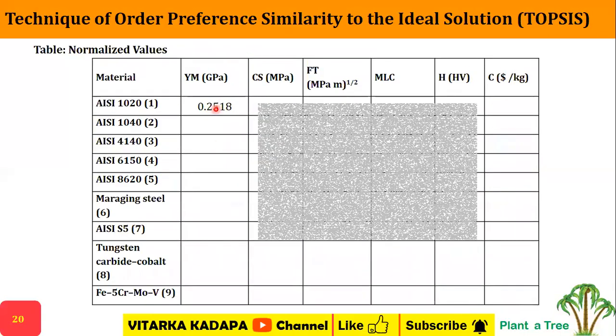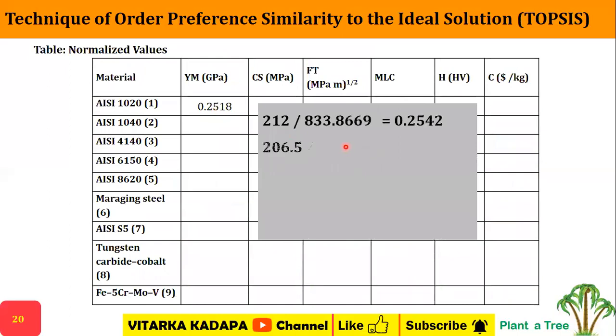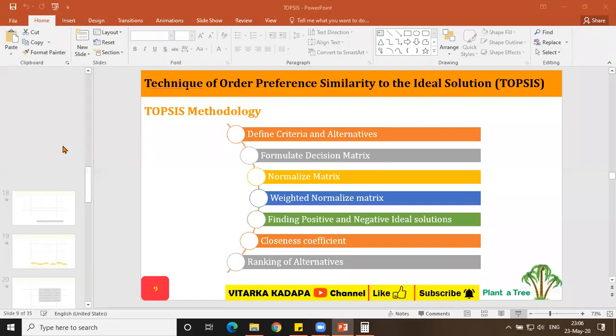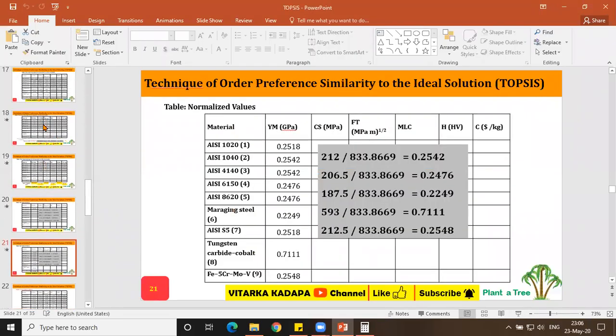Similarly, for the second value also, like 206 divided by 186 divided by 593 divided by 8.93, I'll get like this. These values I have to note down, because for 212 there might be multiple repetitions. You can see here, I'll press this one and go to the basic data.